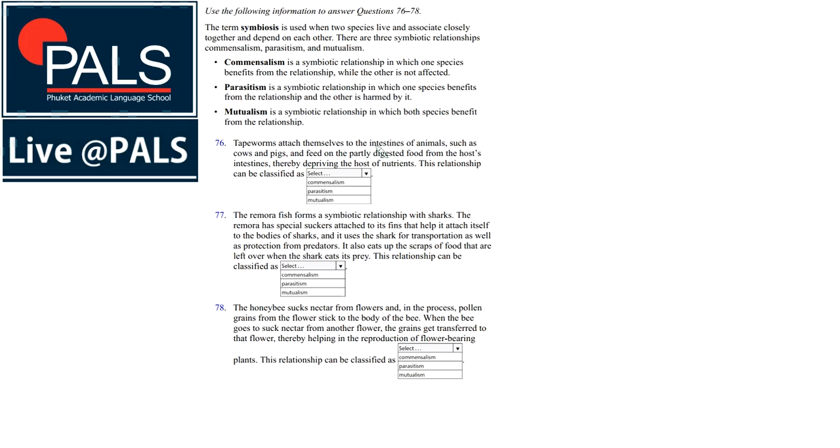Tapeworms attach themselves to the intestines of animals such as cows and pigs and feed on the partly digested food from the host's intestine, thereby depriving the host of nutrients.